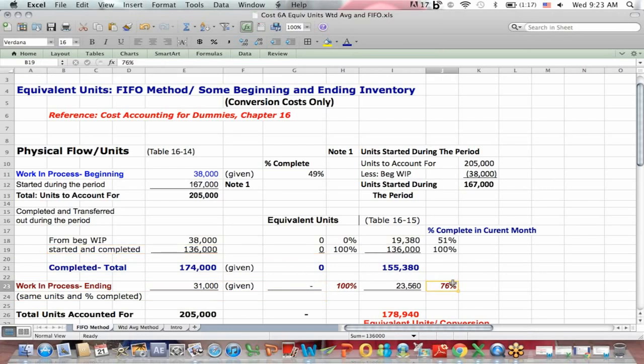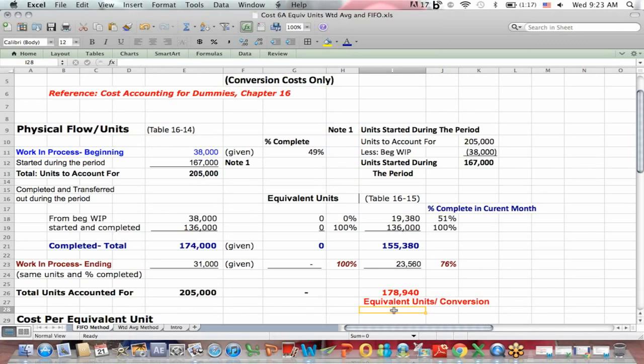So the entire 76% was worked on during this period, because these ending work in process units are from the started and completed group. So if I multiply 76% times the 31,000 units, I get 23,560 as the equivalent units, and then I can add up all my equivalent units in red, the 178,940.